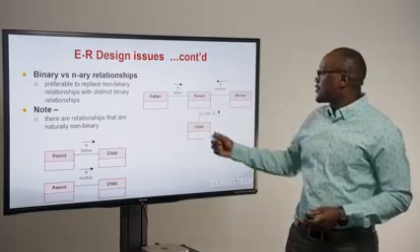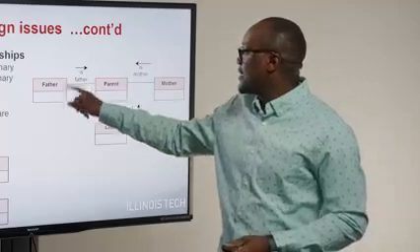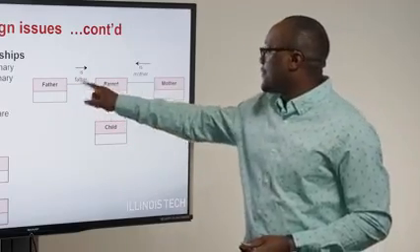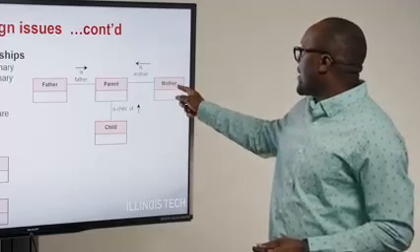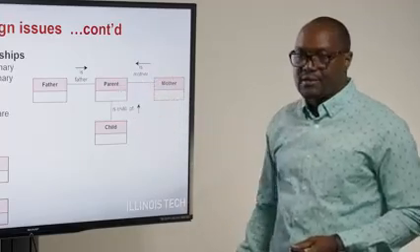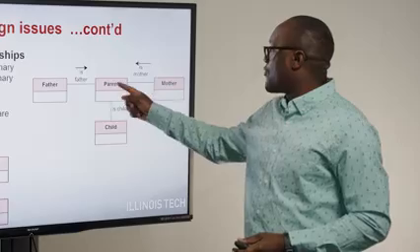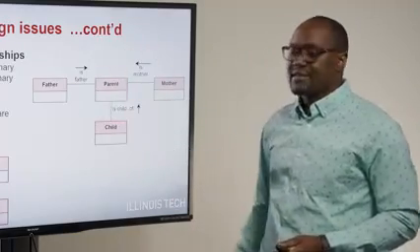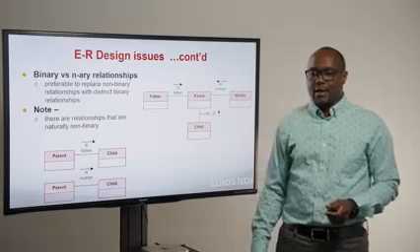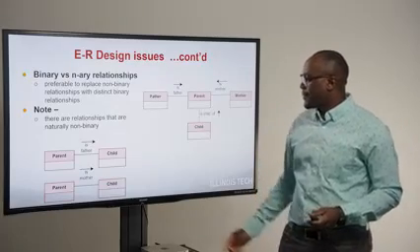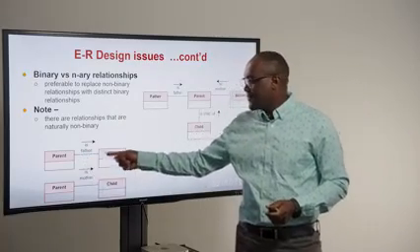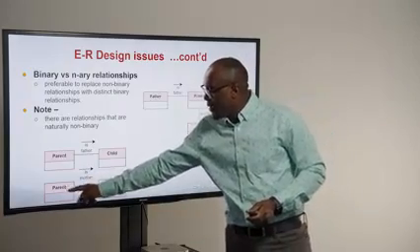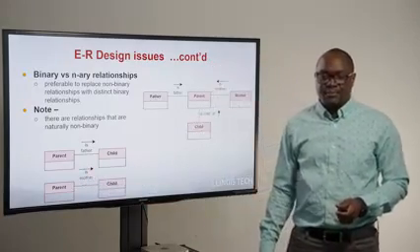So, for example, the relationship here: father is a father, and a father is a parent. Mother is a mother who is a parent, and the child is a child of a parent. And this can basically be represented in a binary way, and we say a parent is a father of a child, and a parent can also be a mother of a child.